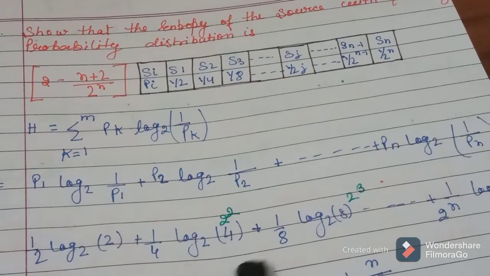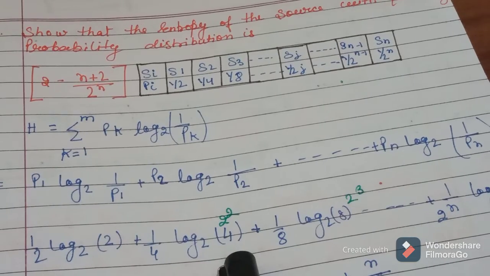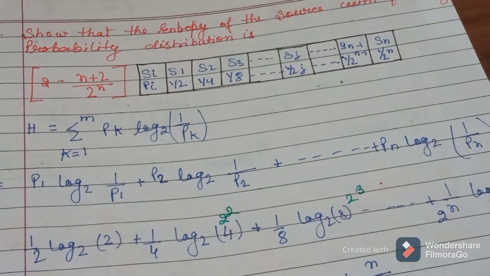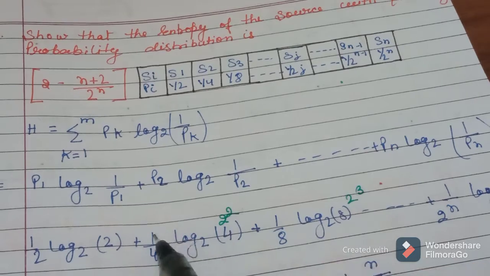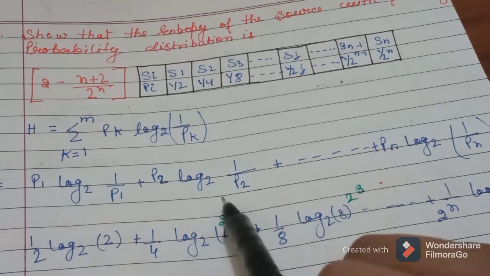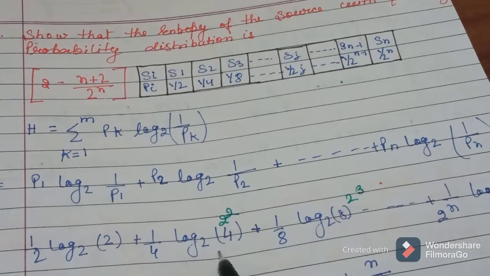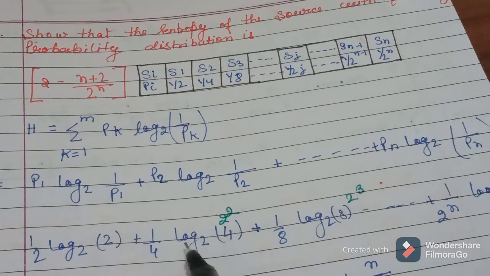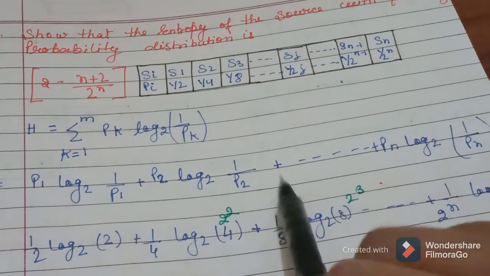How do we solve this? We take the powers of 2 out, so log2 2 is equal to 1.